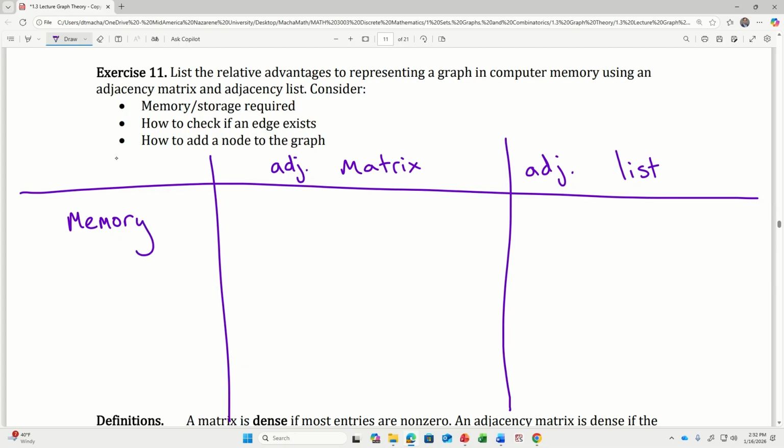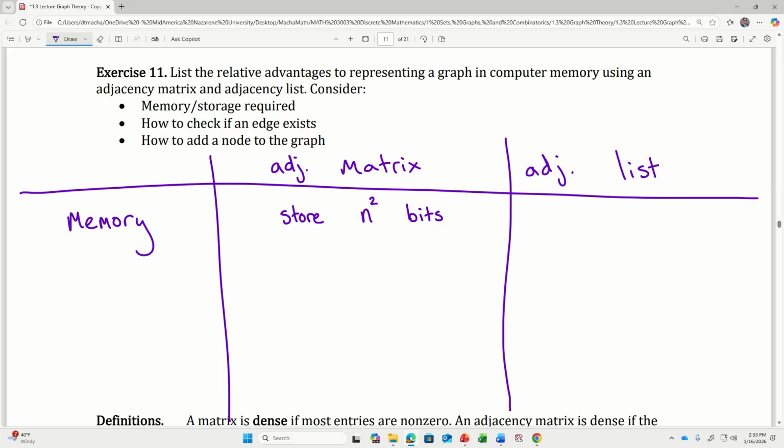is computer memory. Well, for an adjacency matrix, I have to store n squared bits, right? My matrix has how many entries? Well, there's n rows and n columns, so there's n squared entries. Each one of those is a 0 or a 1, so that's a total of n squared bits.